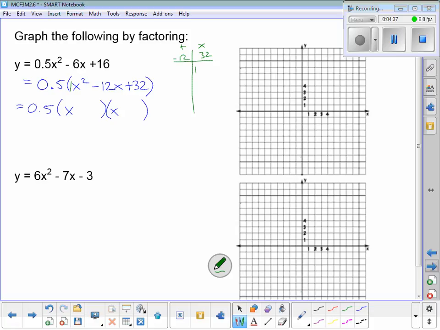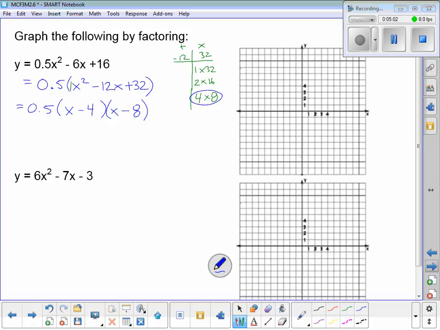So 32 is 1 times 32, 2 times 16, 3 does not work, 4 times 8. And some people would go, hey, wait a minute, 4 and 8, that works for us. So it means we will have minus 4 and minus 8, because it has to add up to negative 12.